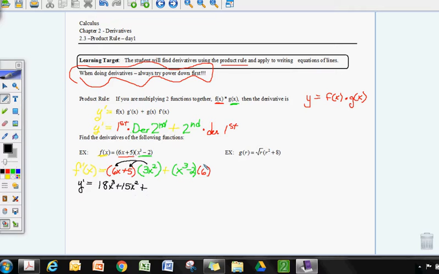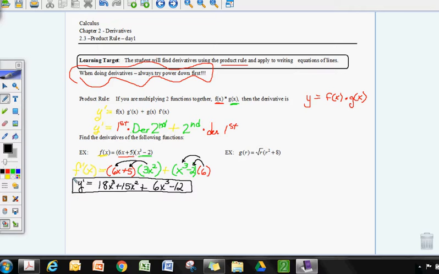Added on to, same idea here, that 6 is going to be distributed to everything. So I would have 6x cubed minus 12. And that would be my derivative.